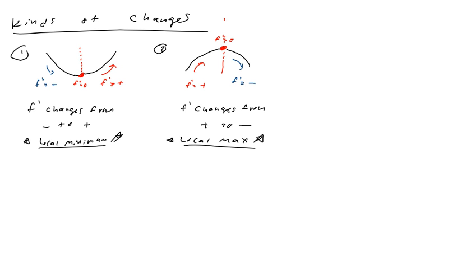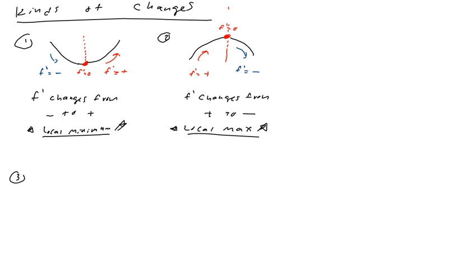Sometimes there are other kinds of changes. You have a situation where a graph might do something like this. Here is a critical value. This is where the derivative is 0. The graph flattens out. But the derivative, f prime, was positive here, and after it, it's still positive.